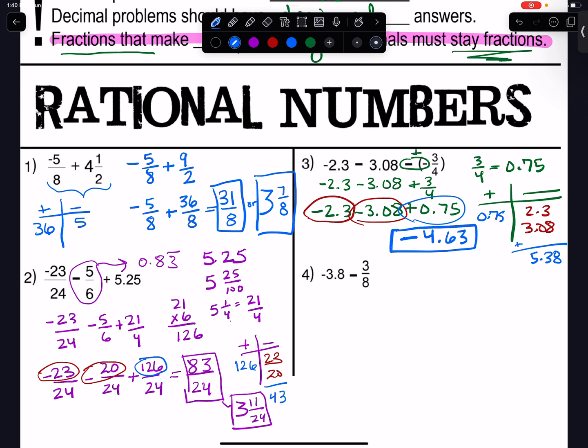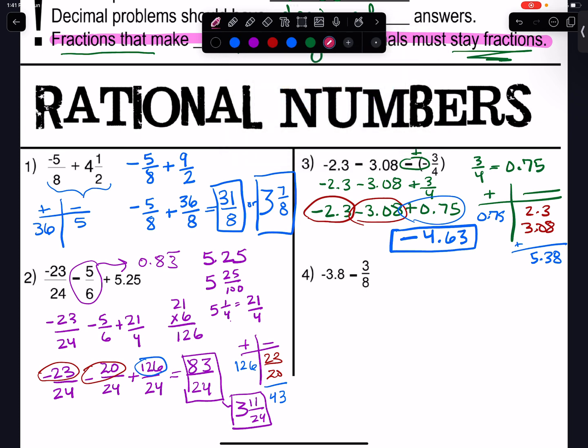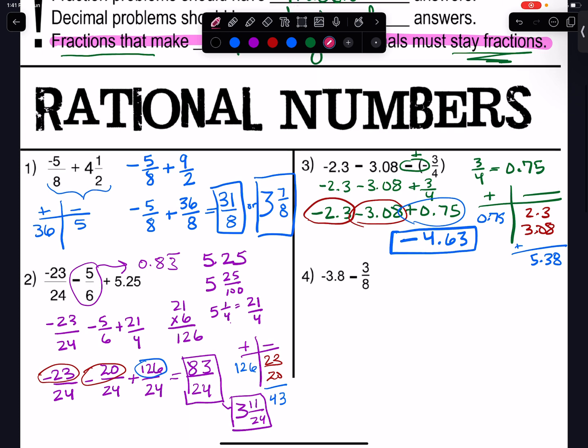And lastly, we have one more example that has fractions and decimals. You can decide if you want to do fractions or decimals when you're working on it. Since 3/8 as a fraction, I'll just do 3 divided by 8 in my calculator is 0.375.